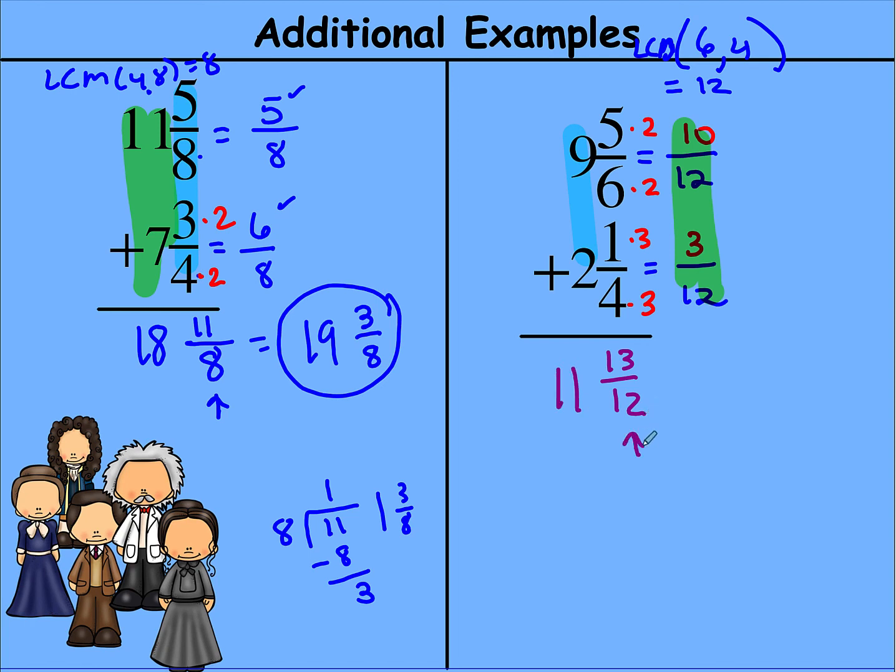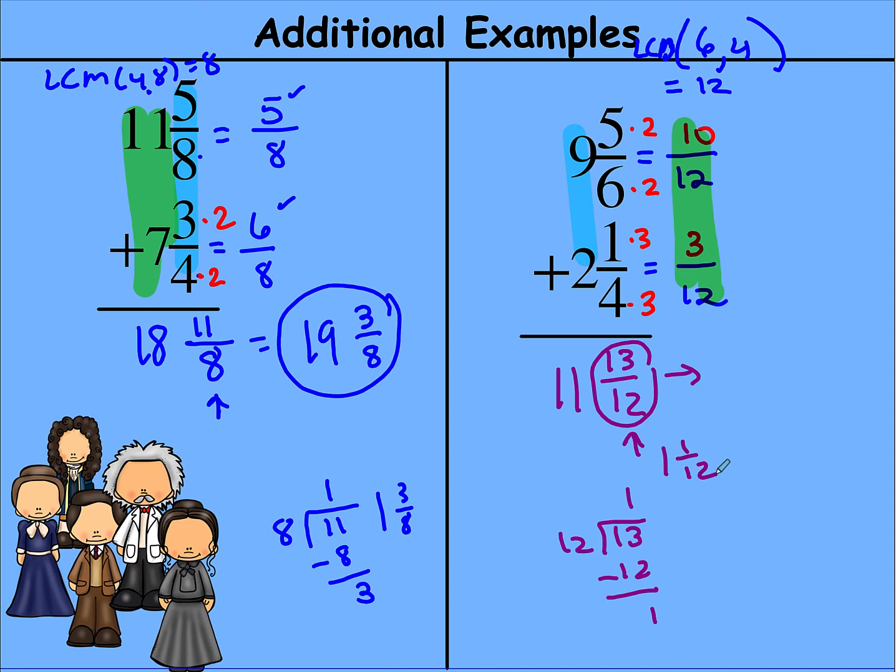And even though I am giving you problems where we do have to regroup, you don't always have to regroup when you're adding mixed numbers. If the numerator of the fraction part is less than the denominator, you don't have to regroup. In this case, since it is over 1, 12 goes into 13 once, subtract, and I have a remainder of 1, which means this is 1 and 1/12.